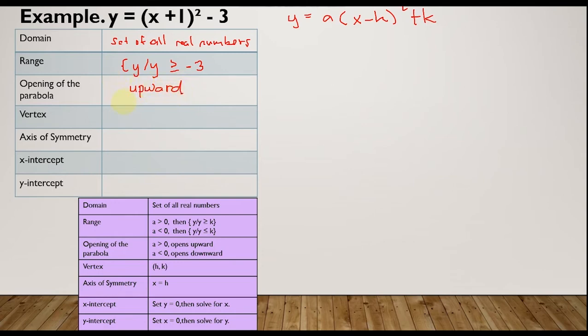Next, for the vertex, the formula for the vertex is (h, k). So h is located inside the parenthesis. We have here x minus h, but we have x plus 1. So therefore, we need to get the additive inverse of 1, which is negative 1. So for the vertex, h is negative 1, and then k is negative 3.